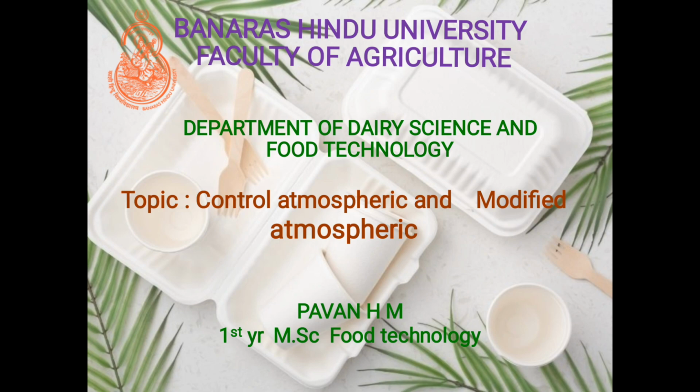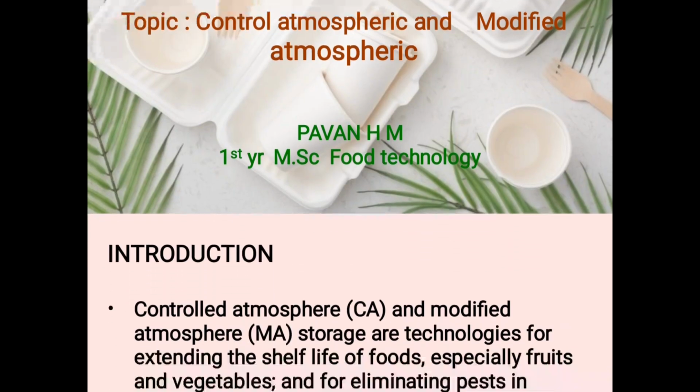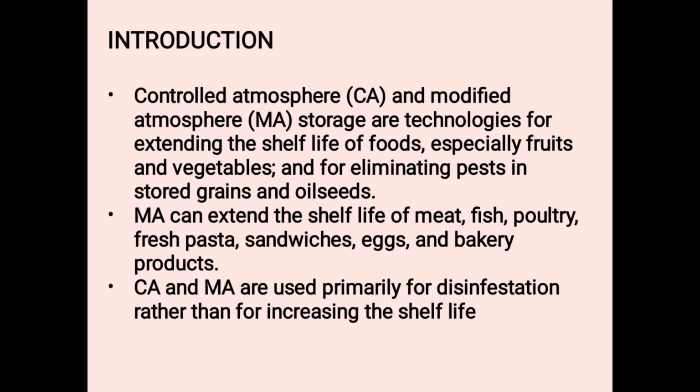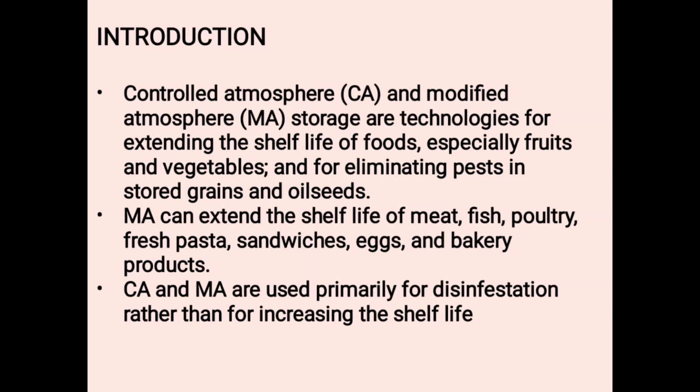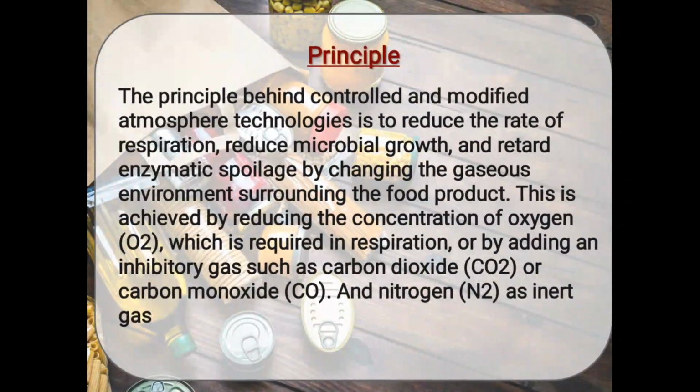So let's look at what these aspects are, what their principles are, and how controlled atmosphere and modified atmosphere work. Firstly, controlled atmosphere and modified atmosphere storage are technologies for extending the shelf life of any food commodity such as fruits, vegetables, meat, poultry, eggs, and bakery. So, why CA and MA?